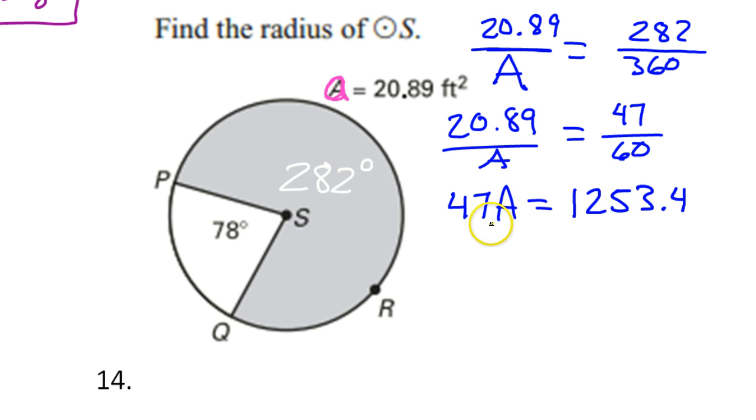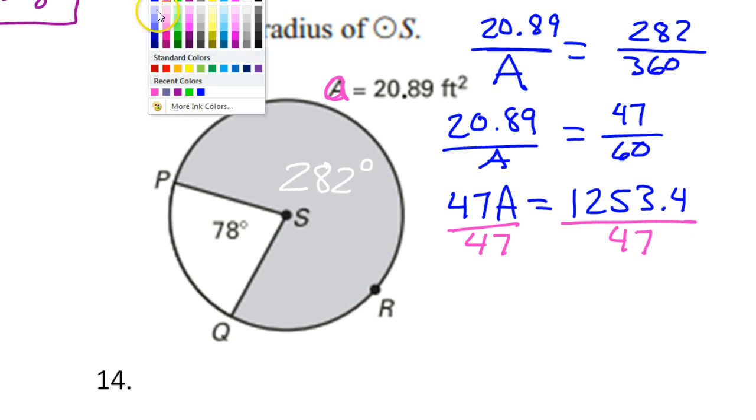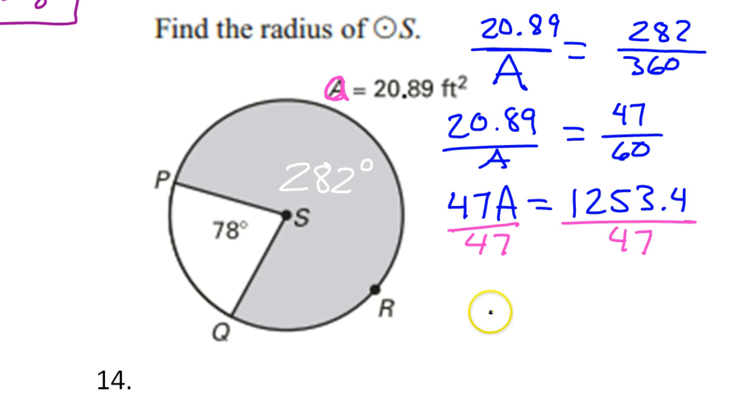Now I need to divide both sides by 47. Remember, this capital A is here to remind me that what I've got here is the total area of the whole circle.